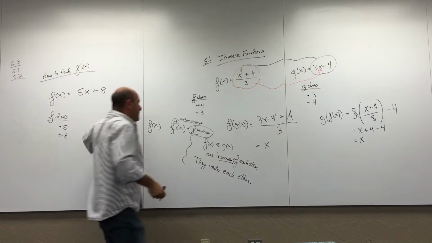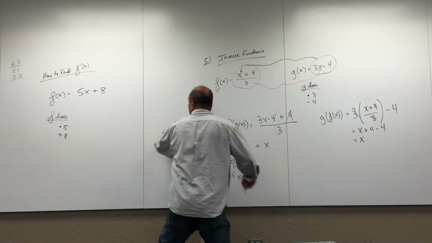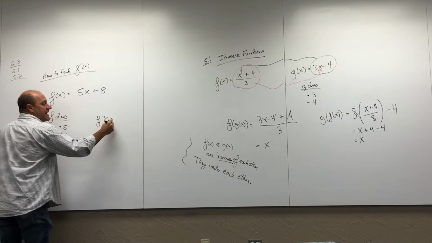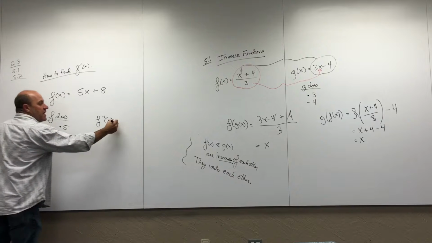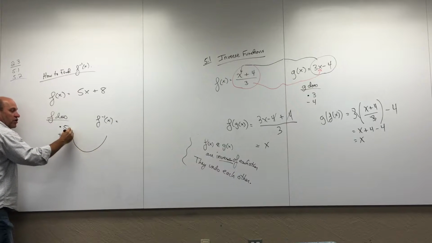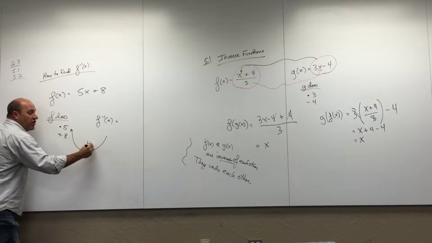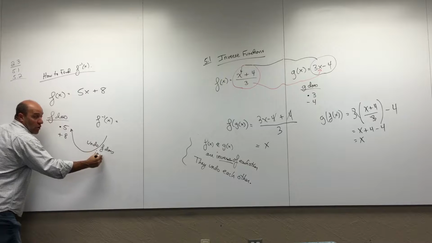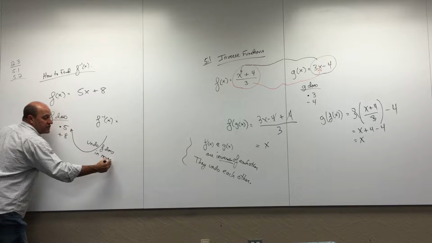Well, now what I'm trying to do is find f inverse. This is my job, to find this inverse function. So I have to look at what f does, and undo what f does in reverse order, in opposite order.